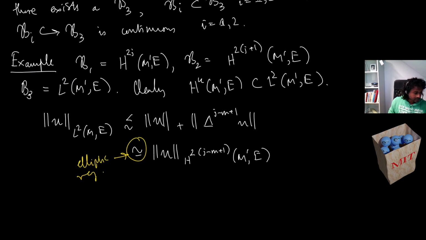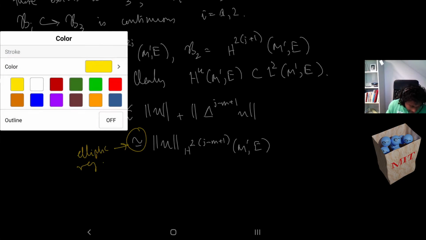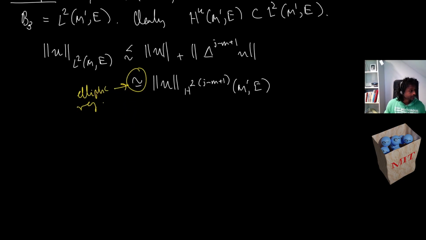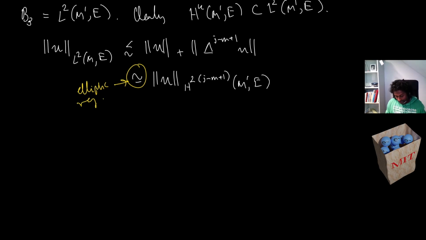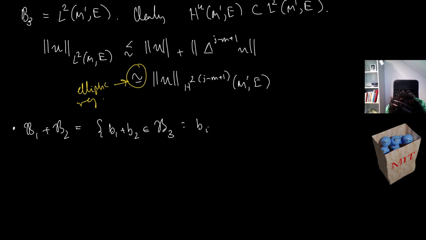So we can see that this is a continuous embedding. All right. So now, because we have these spaces contained in a larger space, we can construct the space B1 plus B2, in the space B3 such that Bi is in B3.